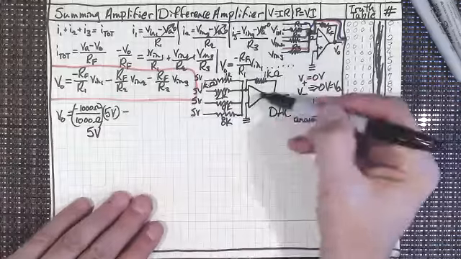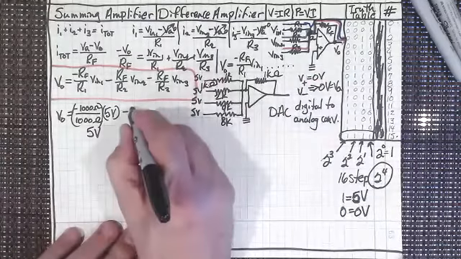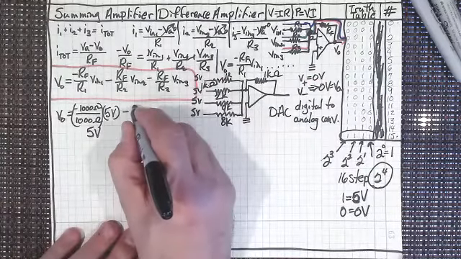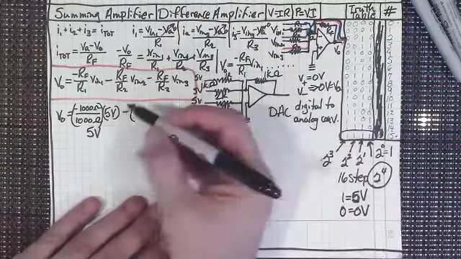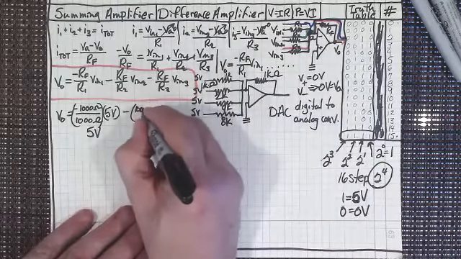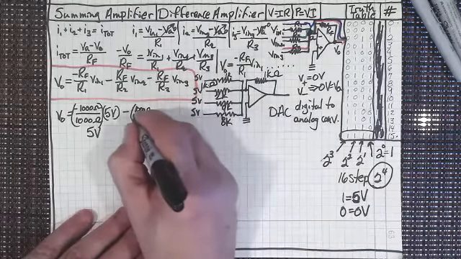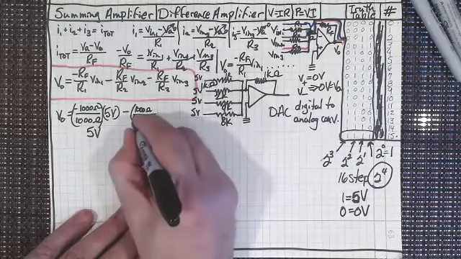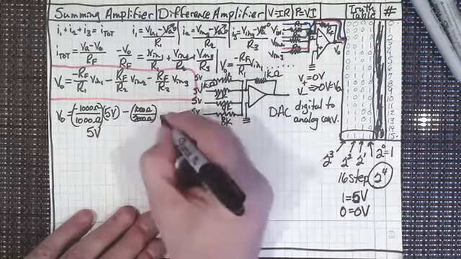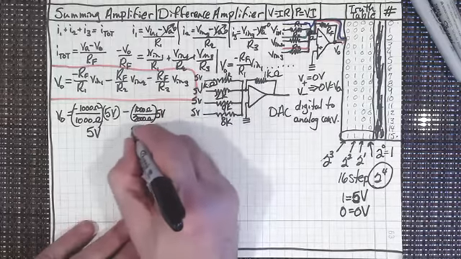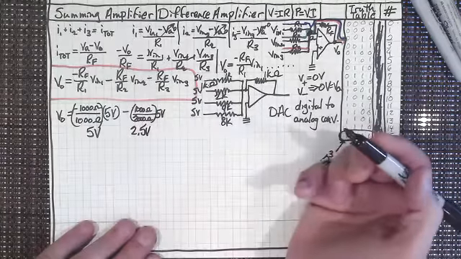Now the next one is going to be minus. I'm just going to put some parentheses in here. What's my feedback resistor? Well, that's 1,000 ohms. And what is my input resistor? Well, that's 2,000 ohms, isn't it? So it's 1/2 of 5 volts, that's 2.5 volts.